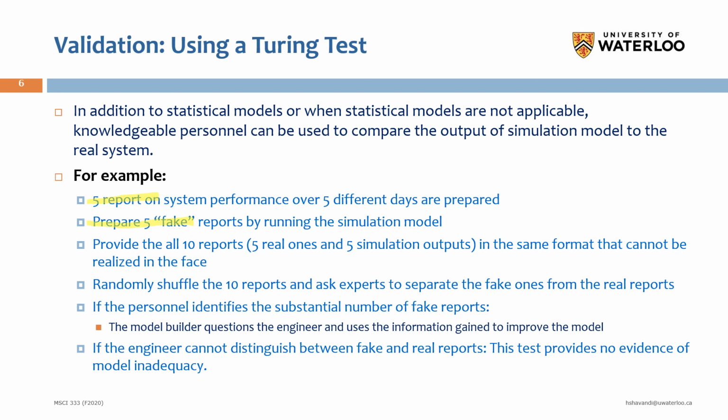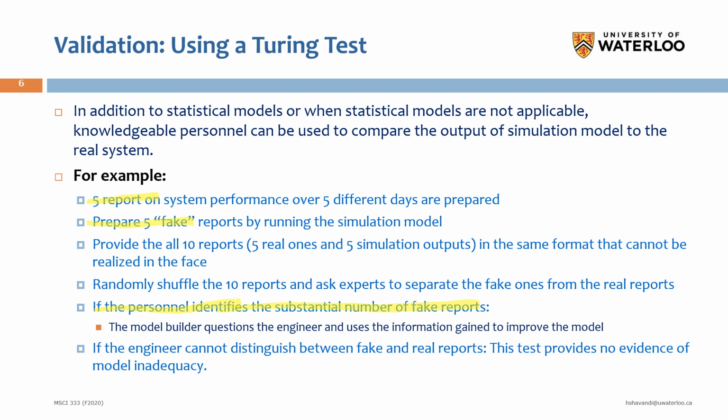If the experts identify a substantial number of fake reports, then the performance of the simulation model is questionable. I mean, the experts could identify the fake ones. This means that the simulation model is not behaving like the real system, right?